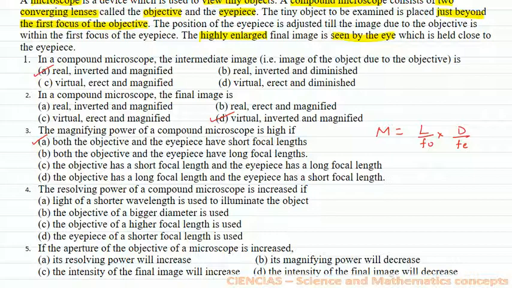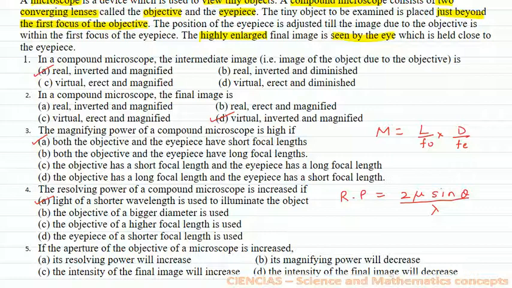The resolving power is given by the formula resolving power equals 2 mu sine theta upon lambda. So if the wavelength is small, then the resolving power will be high. So option A, light of shorter wavelength is used to illuminate the object, is correct.